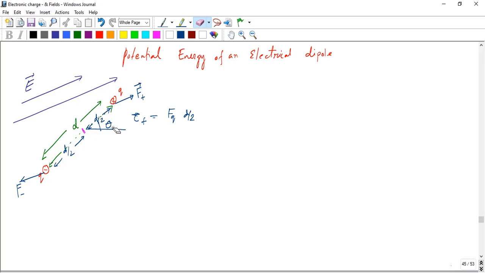Sorry, that is not actually the angle. Actually the angle is with respect to the line parallel to the electric field. So the angle is theta, and this angle is also theta.